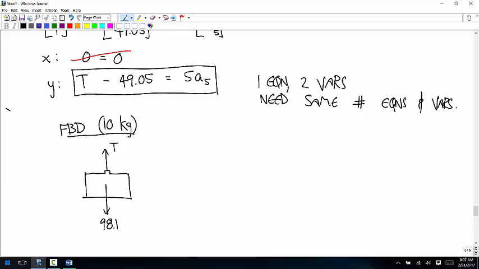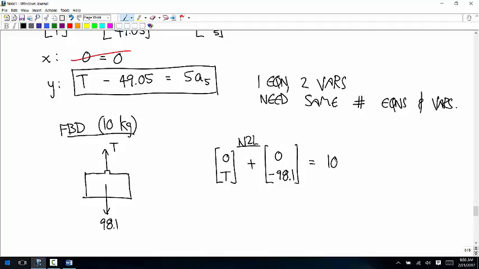We know that that's the same force as that cable applies to the other mass. And so Newton's second law says 0, T plus 0, negative 98.1 is equal to the mass.